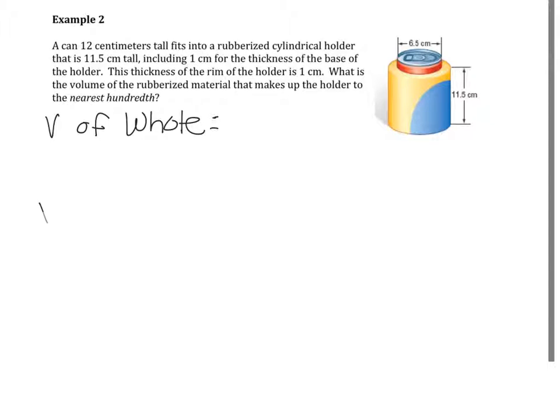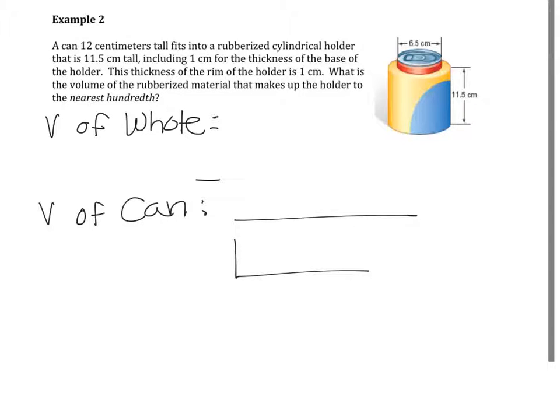Then you're going to have to find the volume of the can. And once you do that, you're going to subtract the two and get the volume of just the holder. Okay, so it's the volume of the larger figure, which is the whole, minus the volume of the can, which is the smaller figure, to get just the volume of the holder.